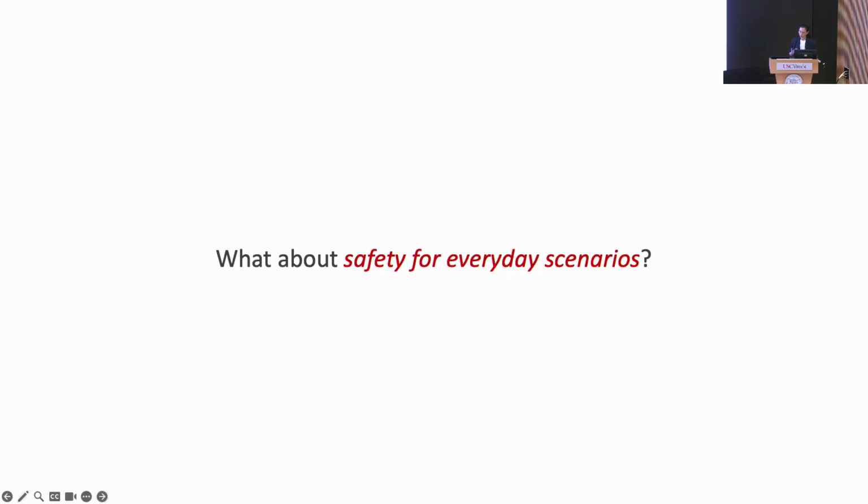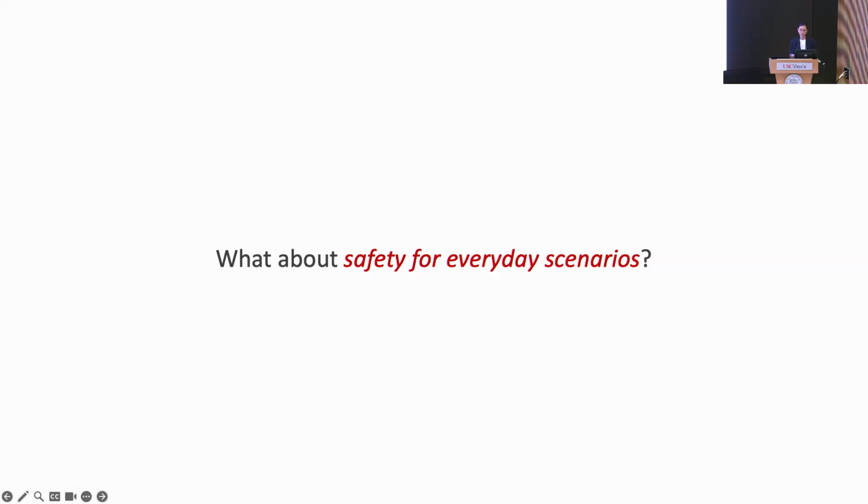So this showed how we can use perception inputs, both the geometry understanding for collision avoidance and the semantic information for performing tasks. Another question is, what about safety for everyday scenarios?